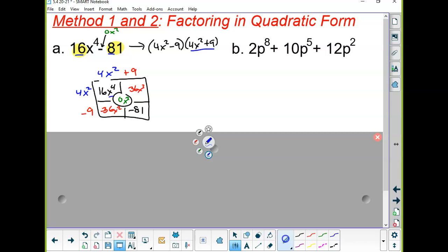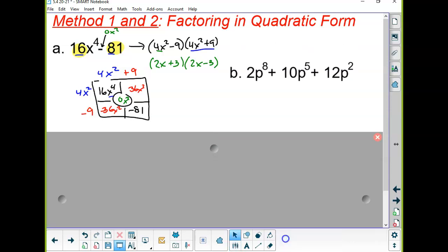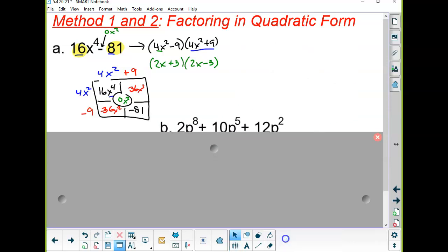How do you think we got this 4x squared? 2x, so I'm going to write 2x times 2x. And then how do you think we got the negative 9? Positive 3, negative 3. Now, let's do this one down, and we'll do this one over here.